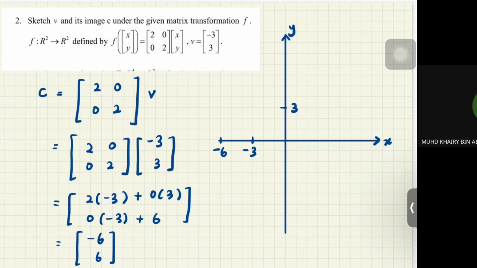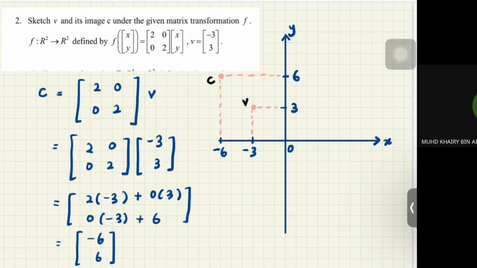So the points here: this is V and this is C. So find the image C and then sketch in the XY plane the object V and also the image C.